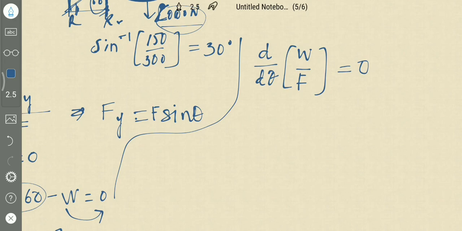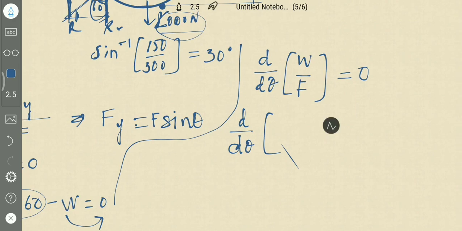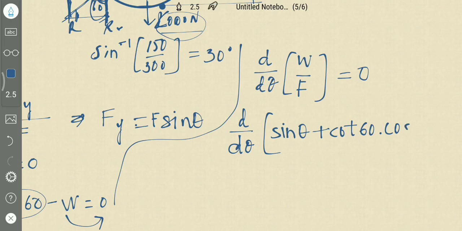What is W by F? d by d theta of sin theta plus cot 60 cos theta is equal to 0.